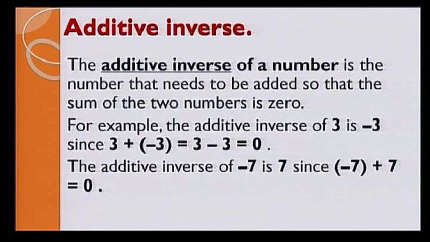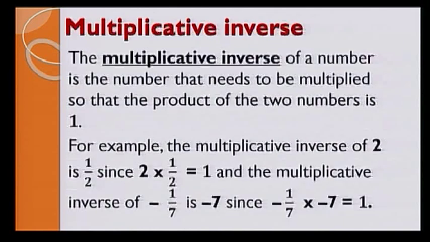Let's have a look at the definition. Multiplicative inverse. The multiplicative inverse of a number is the number that needs to be multiplied so that the product of the two numbers is 1. For example, the multiplicative inverse of 2 is half, since 2 multiplied by half is equal to 1.